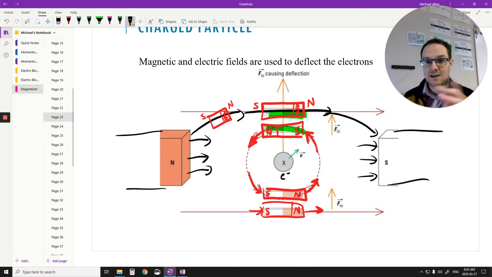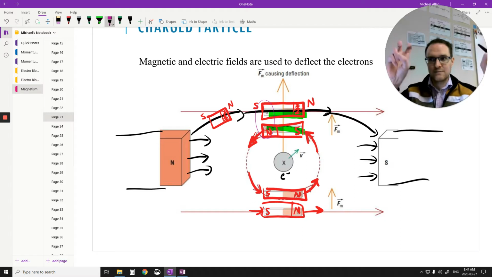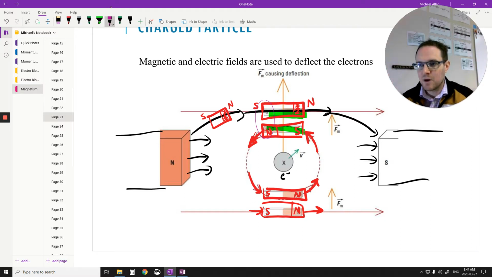Now, if I have two fields, like I said, there's a force. So let's look at these magnets here. We have a magnet on the top here, where there's a north and a south beside each other. And what I know from one of our rules is that unlike poles, a north and a south, attract each other. So this invisible magnet here is going to get pulled upwards.